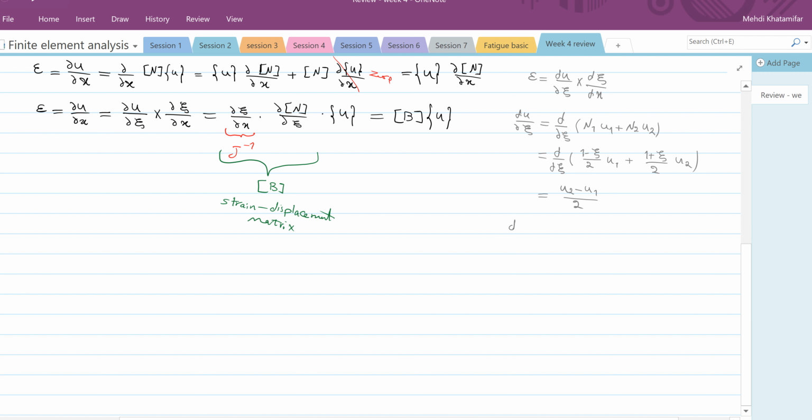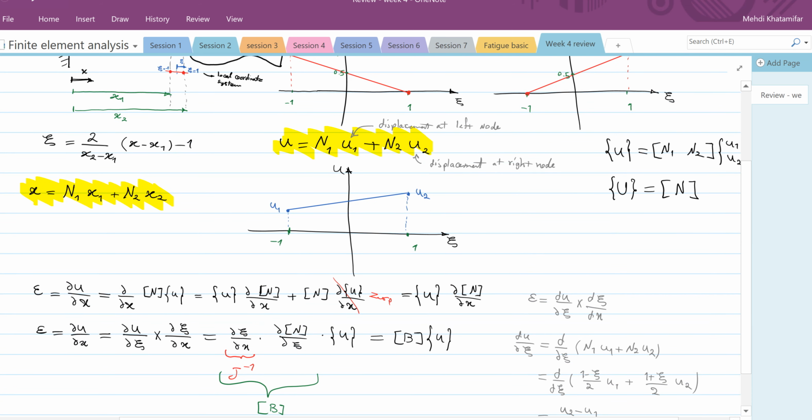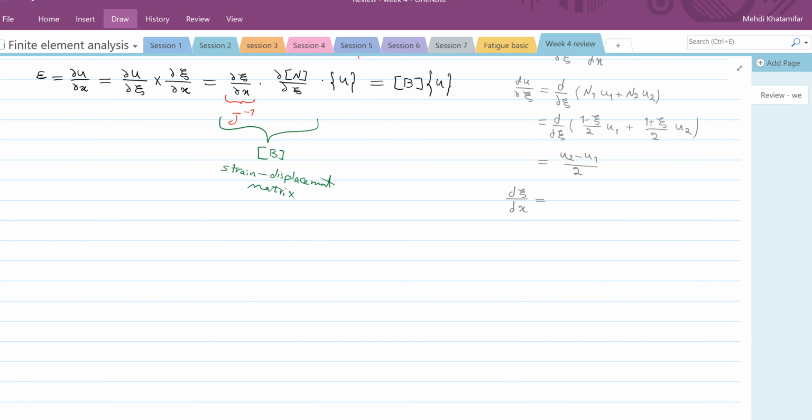Let's check d psi over dx. What was the formula for psi? Let's check it. Psi formula is this one. So I'm rewriting that formula here. It was 2 divided by x2 minus x1 times x minus x1 minus 1.